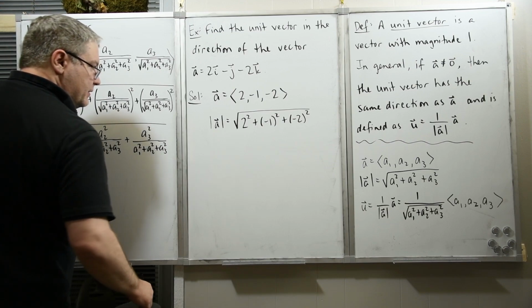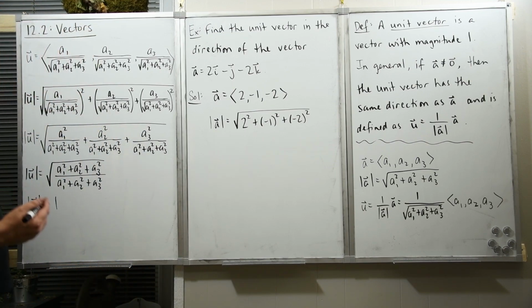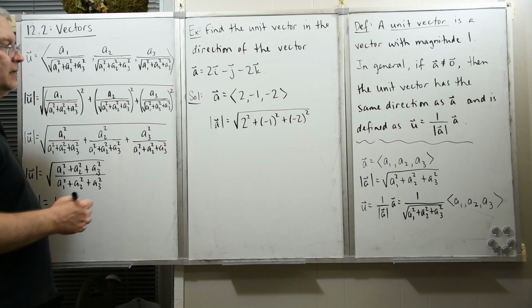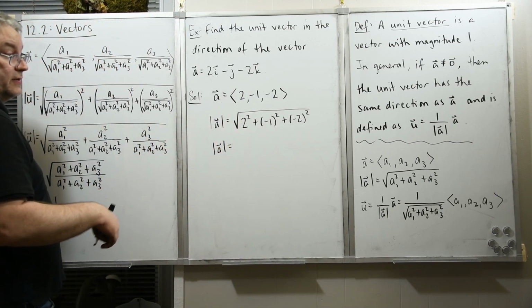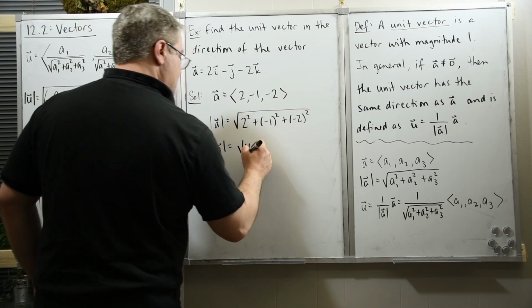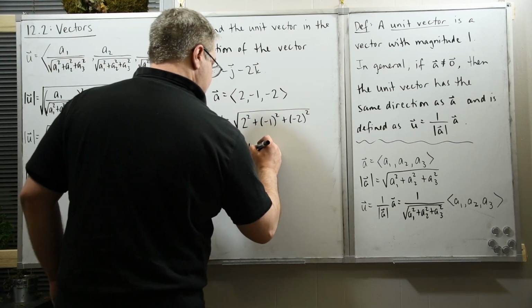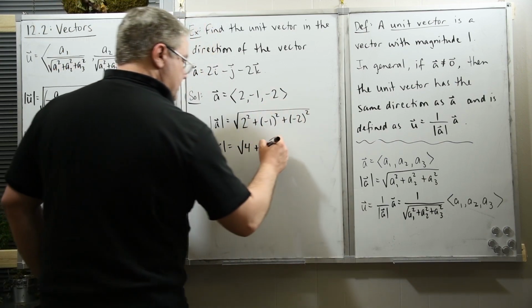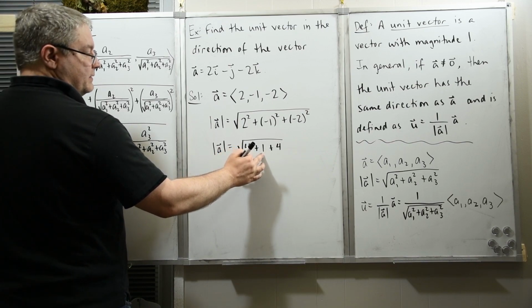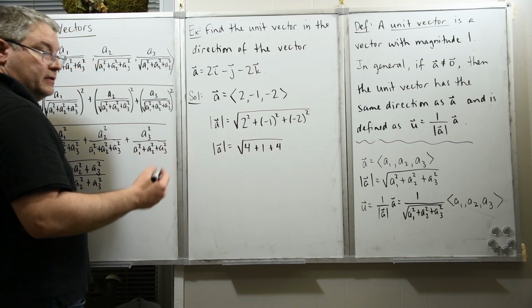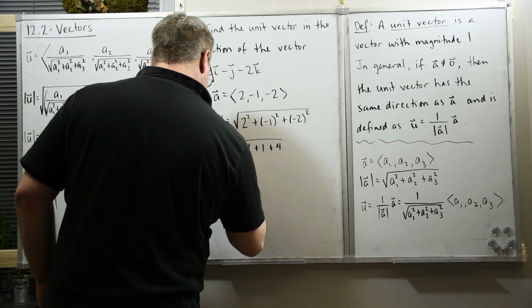So the square root of 2 squared plus the square of -1 plus the square of -2. Now, 2 squared gives us 4. Square -1, you get 1. Square -2, you get 4. And then 4 plus 1, 5, plus 4 gives you 9. The square root of 9 is 3.